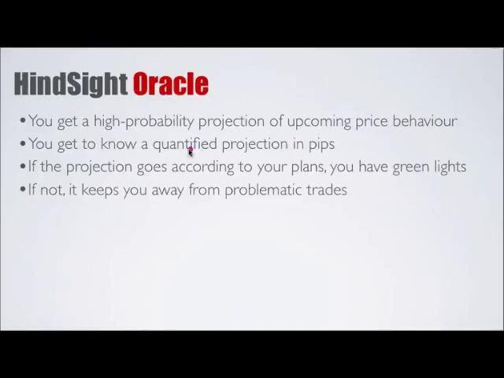All right. Moreover, if the projection goes according to your plans, you have the green lights to take the trade. Let's imagine you were looking to take a trade on any specific time frame and currency pair, and then you pull out the Hindsight Oracle indicator, and the projection does indeed go according to your plans. Let's imagine you were looking for a long entry, a buy entry, and the projection does imply an up move over the upcoming 10 or 20 bars.